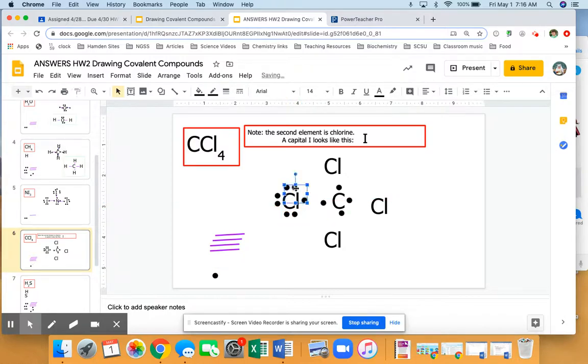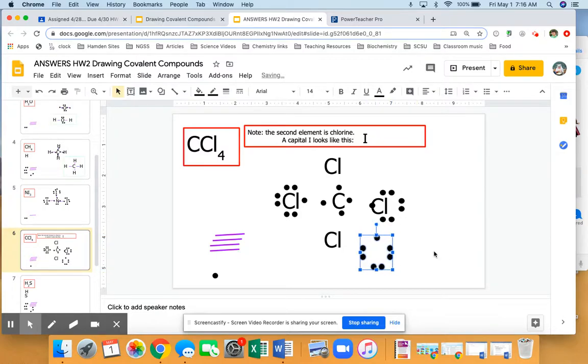I'm going to copy those dots. Copy and paste those dots over here and rotate them. Like that. Copy and paste those dots. Rotate them.